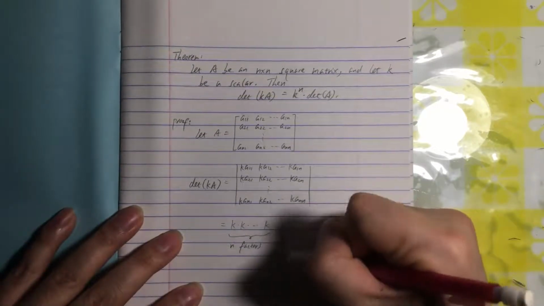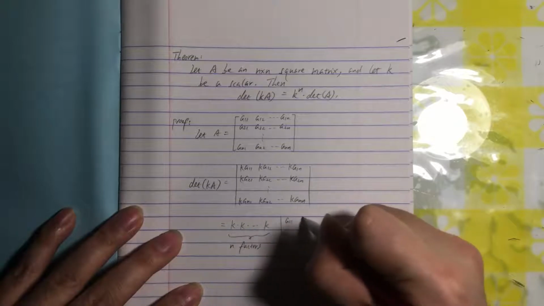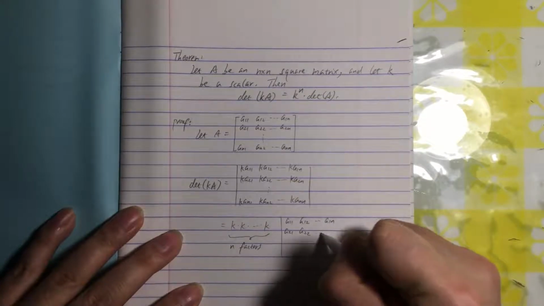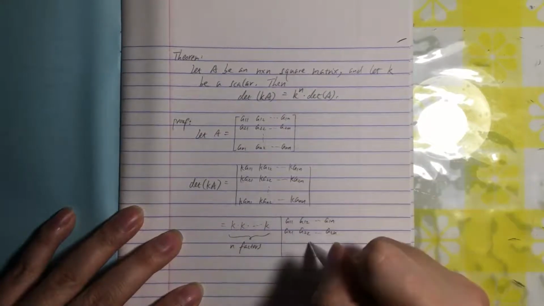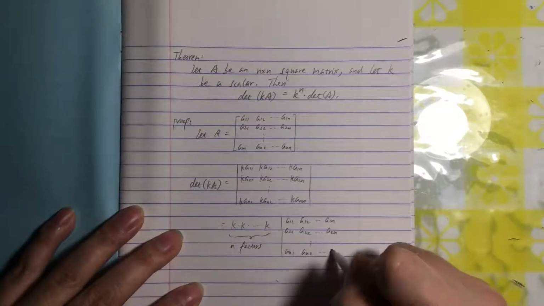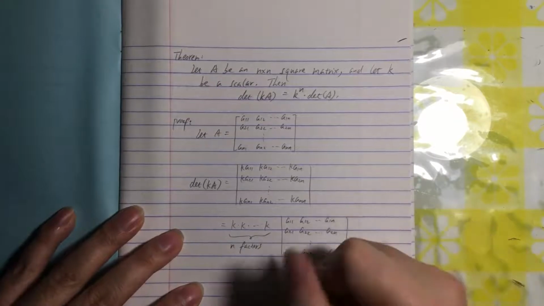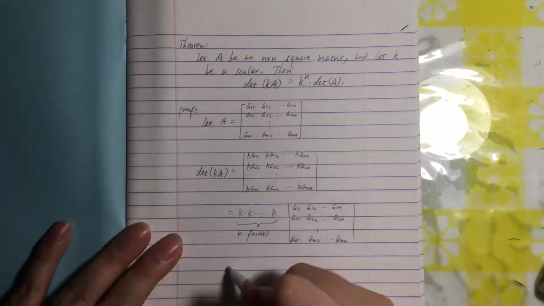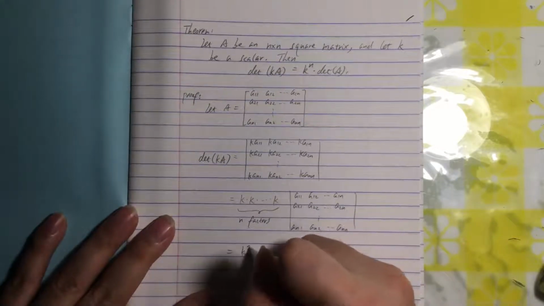What's left is the matrix A11, A12, A1n, A21, A22, A2n, An1, An2, and Ann. k times k times k, if there are n factors, that's k to the power of n.